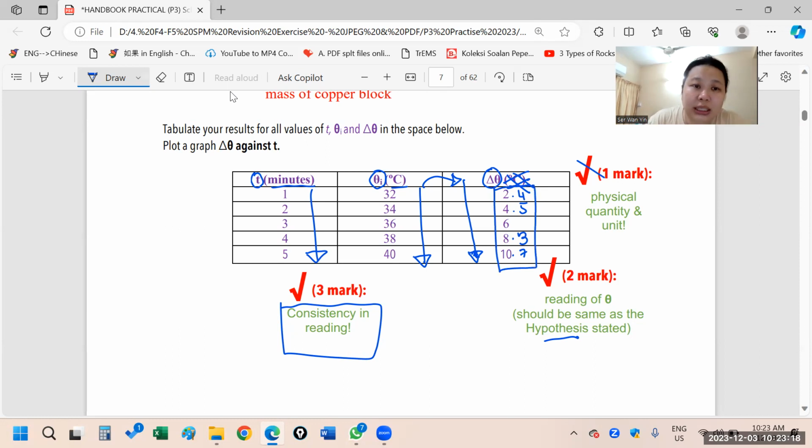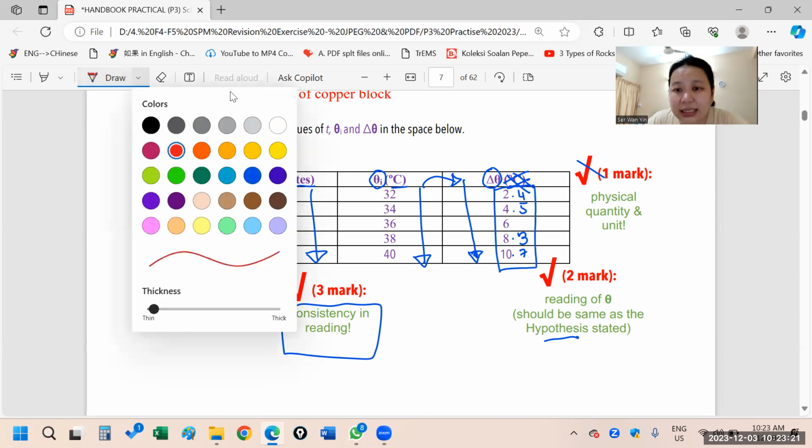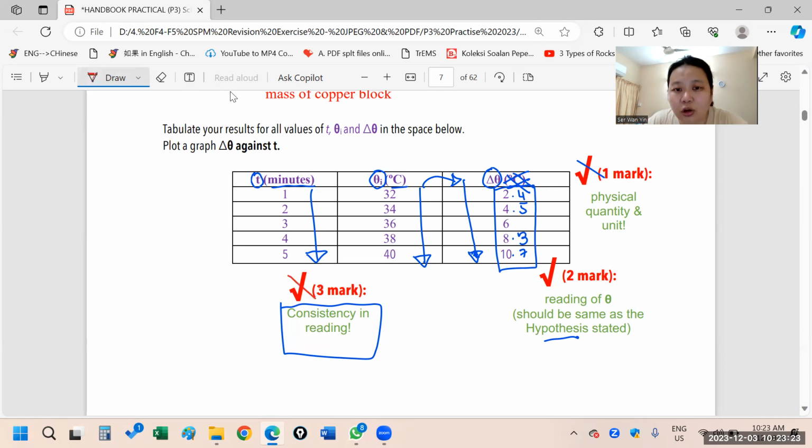If you leave it like that, then you lose the consistency. So you must make sure, even though it is 0, you also need to add 1 decimal. Consistency means if you have 1 decimal, all have 1 decimal. If don't have, all don't have. All right?